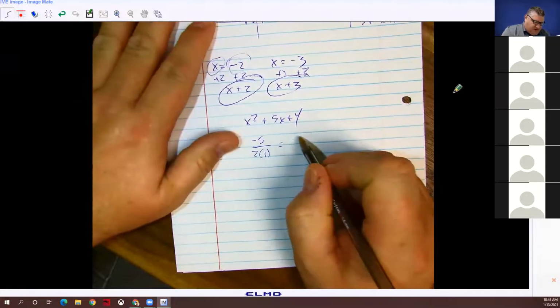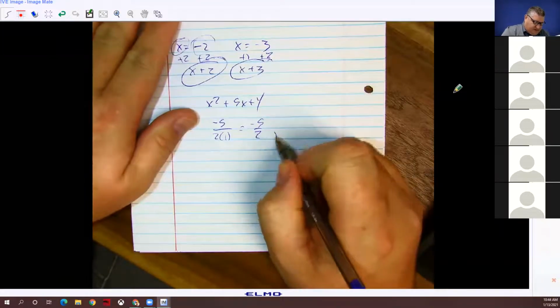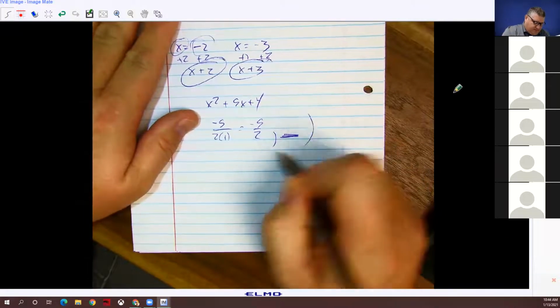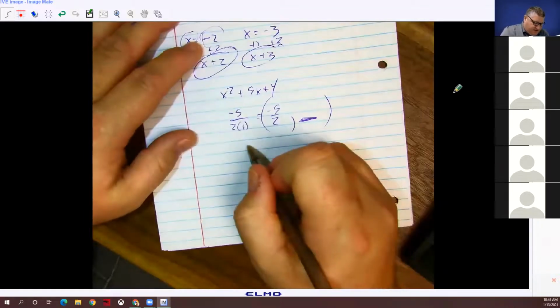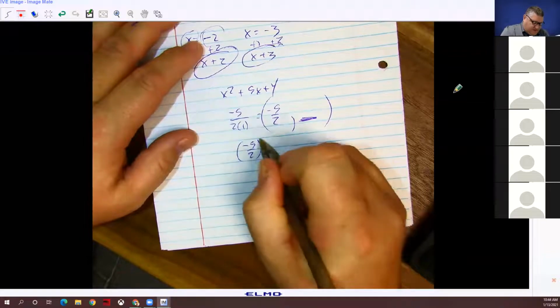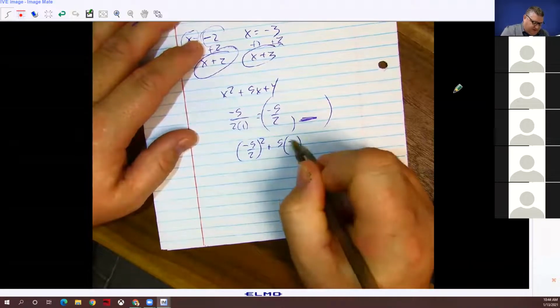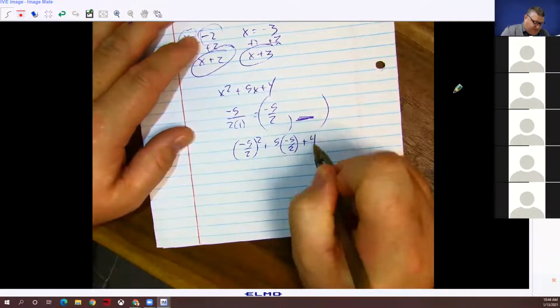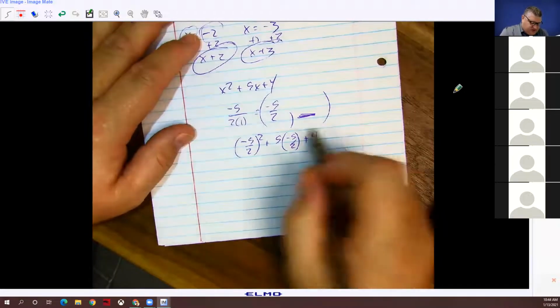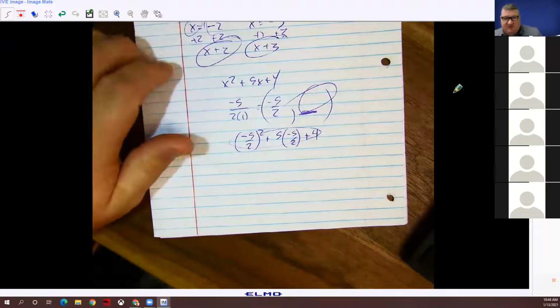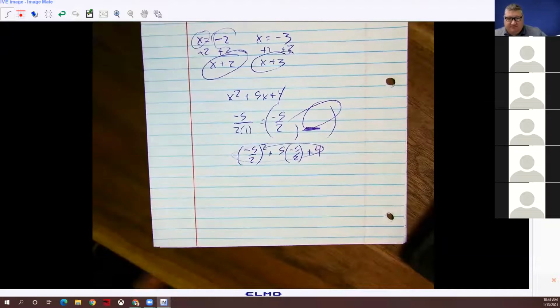So it's -5 halves. What do I need to do to find the y value? Well, plug it in. -5 halves squared plus 5 times -5 halves plus 4. And go finish this problem and it'll tell you the answer. Okay?